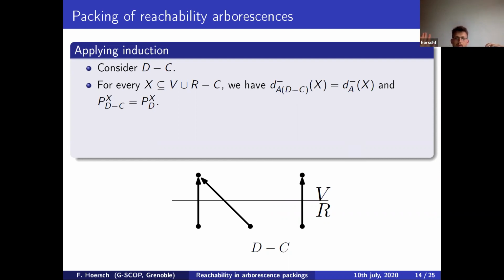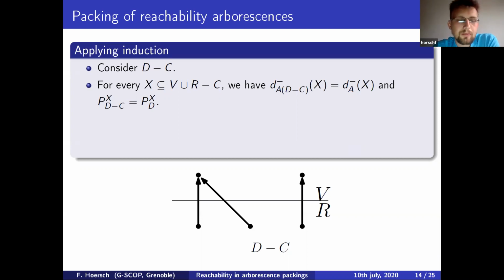What I can see is that because no arc came out of C, the indegree of an arbitrary set in the vertex set of the graph that's left has not changed. I can't have taken away any in-neighbor because C had no out-neighbors.